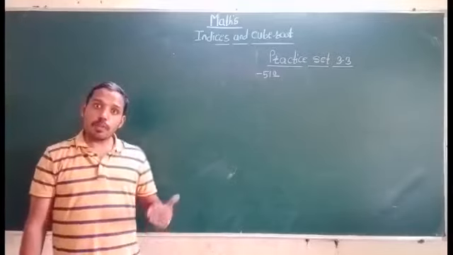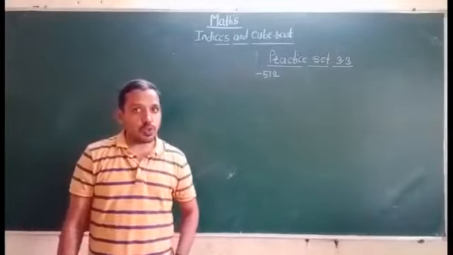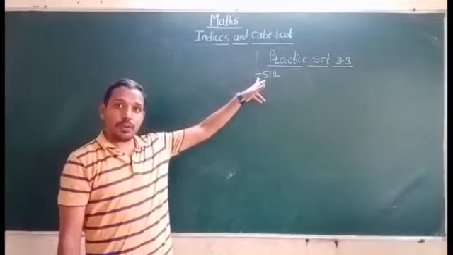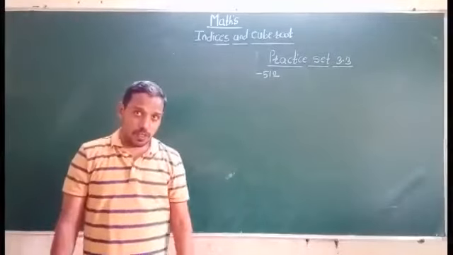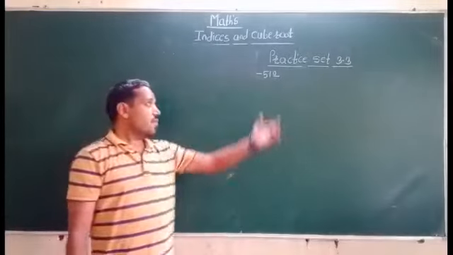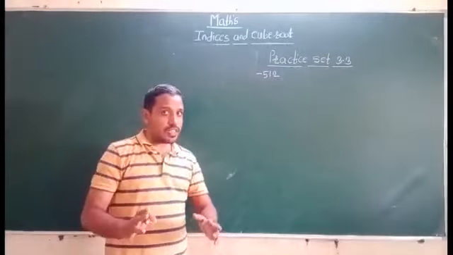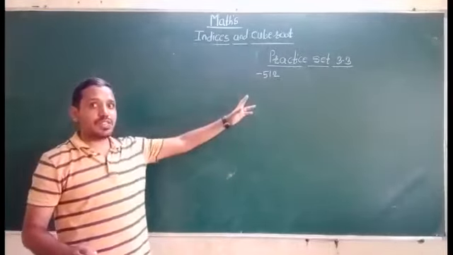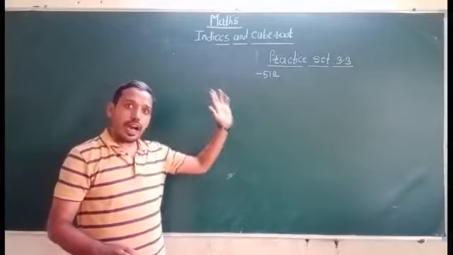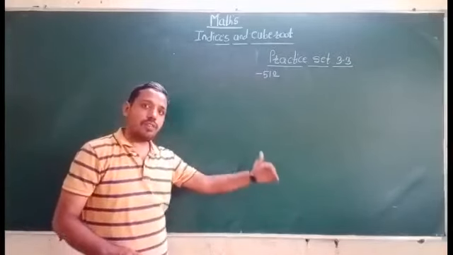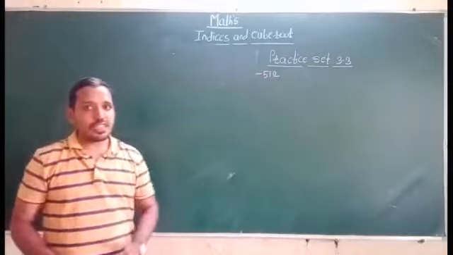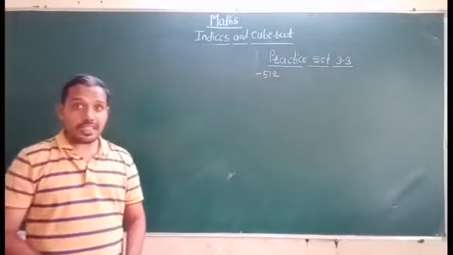The cube root of a positive number is positive, and the cube root of a negative number is always negative. But when we factorize, we just forget about the negative sign, and we get the final answer. When we provide the negative sign, it is completely the correct answer.